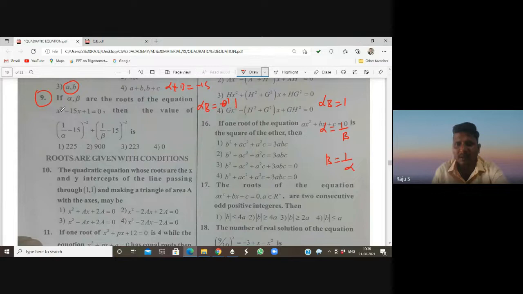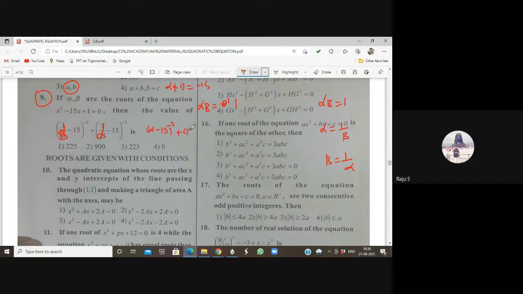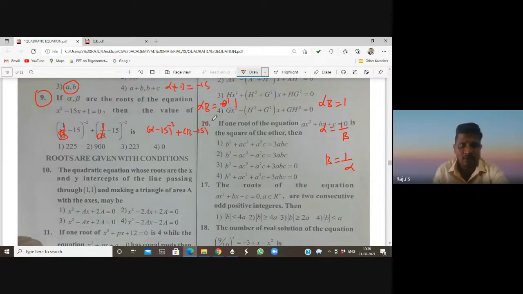You can replace 1 by alpha by beta. So finally, (alpha minus 15) to the power of minus 2 plus (beta minus 15) to the power of minus 2. Then you have to simplify this.